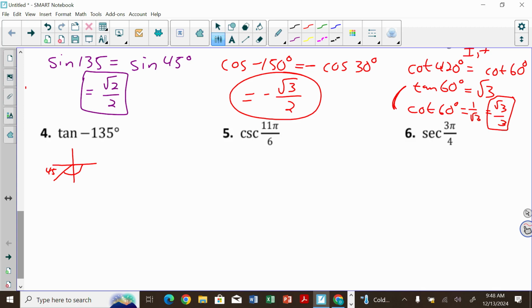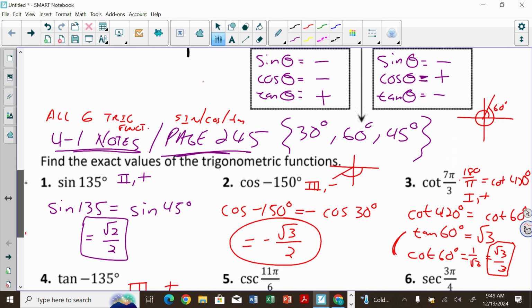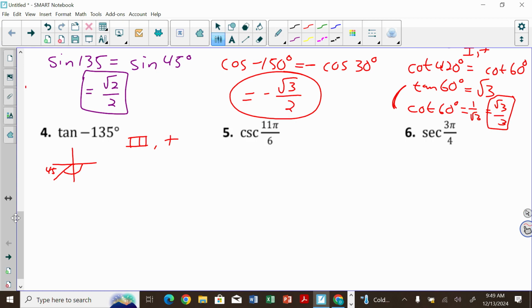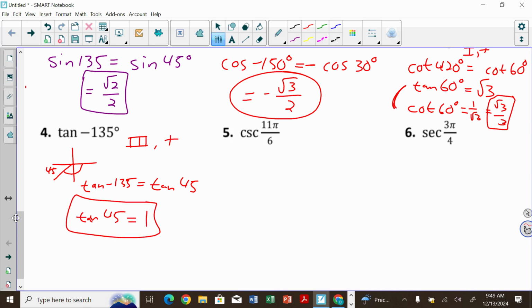Looking at quadrant 3 for tangent puts me positive, so again, just looking up here, tangent in quadrant 3 is positive. So instead of using negative 135, I can say tangent of negative 135 would equal tangent of 45. And I can just use my notes and my chart and say the tangent of 45, my exact value, is 1. All right, that helped out.